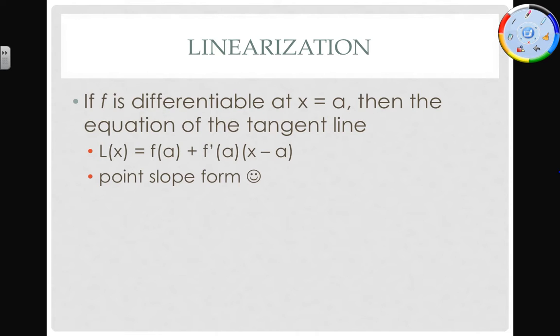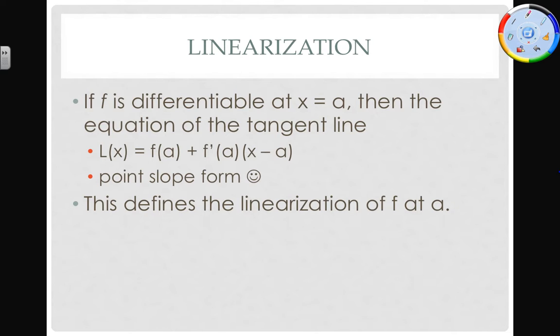And that's what linearization means. It's basically as close as we get to that a value, the straighter that line is going to approximate. That's kind of our idea of tangent line anyway, because it was a really straight line, really close to that a value.